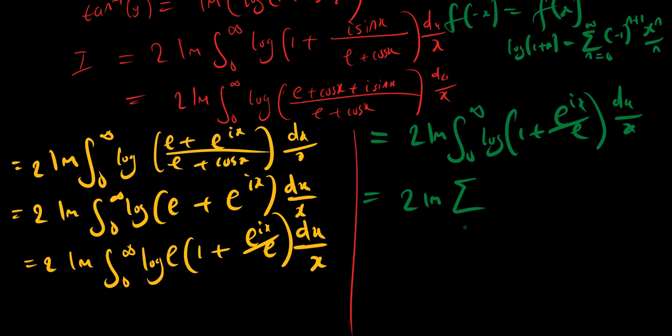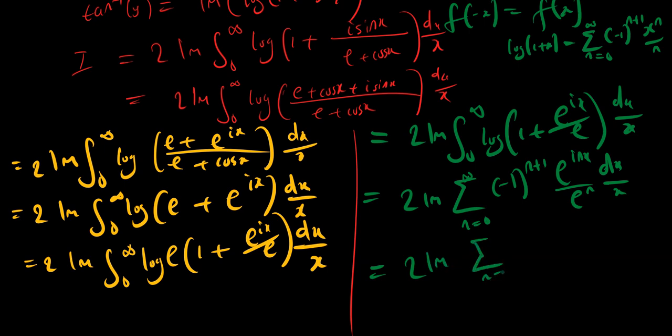So this will be the sum as n runs from 0 to infinity of (-1)^(n+1) e^(inx) divided by e^n, dx over x. So this will be twice the imaginary part of the sum as n runs from 0 up until infinity.